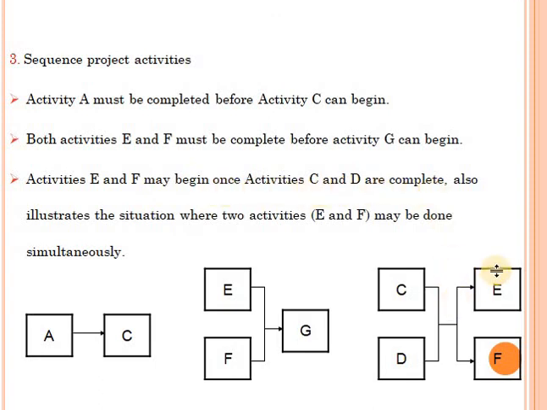Okay, so both E and F should wait for the completion of activity C and D. So here is the situation where both activities E and F may be done simultaneously.